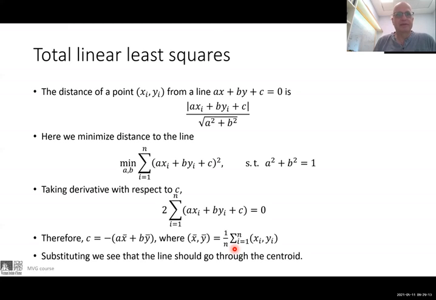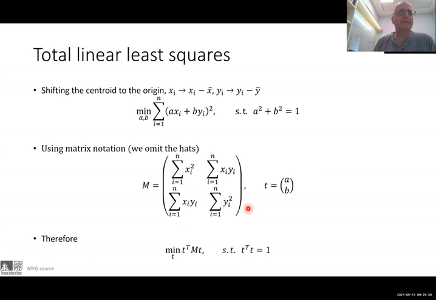So what we shall do next is just eliminate c. We'll move our coordinate system such that the centroid will be the origin. Essentially you take xi and subtract from it the average of the x's, and yi minus the average of the y's. So this is what we do here.